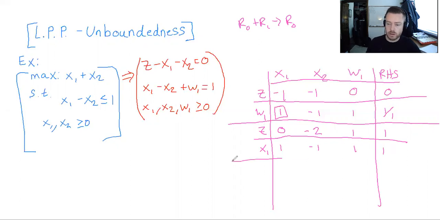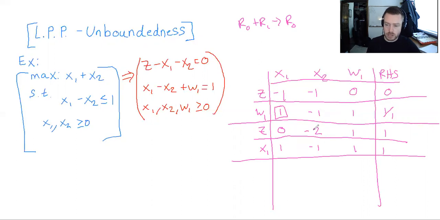So the problem that you may see here is that we're not done with the simplex method as long as there are any negative numbers in our objective function row. We see we have a -2 here, but if we go down, we only have a -1.